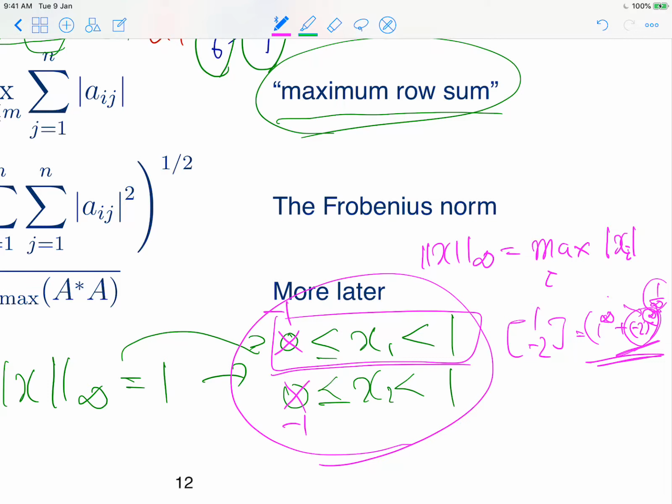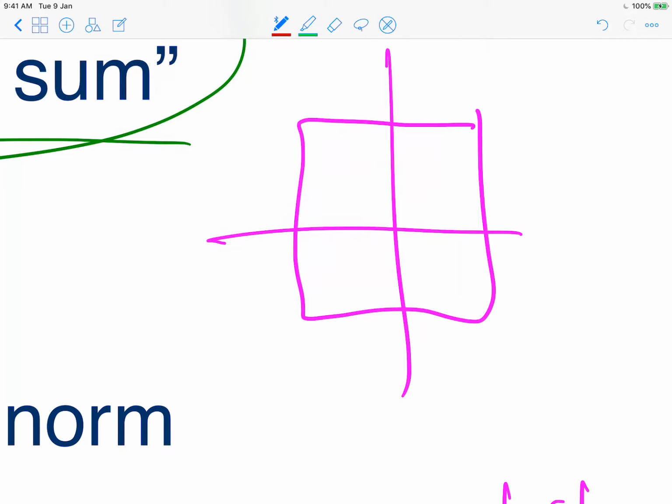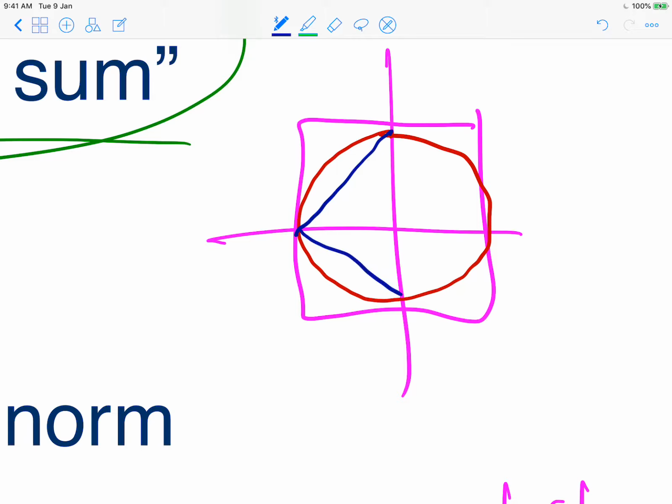You guys know the unit circle, or the unit norm trajectory, the set of vectors that has a unit norm, will be this guy, right? In the case of an L2 norm, the unit norm vector set is actually the circle, and in the case of an L1 norm, it looks like this, and maybe for a 100 norm, it is something like this, right?